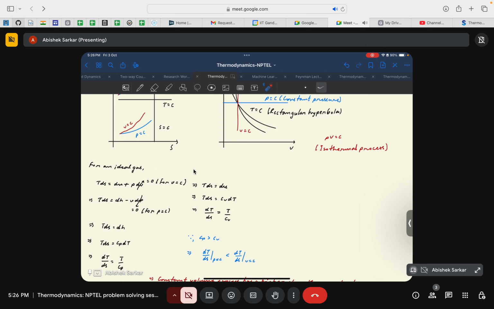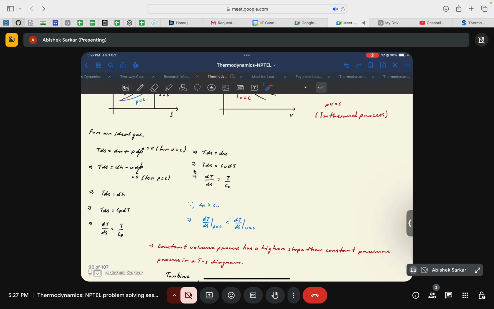So in that case, we can write dT by dS is equal to T by Cv. Okay, so that's one of the conclusions, given that your Cv remains constant. So we consider it as a calorically perfect gas. We'll see why it is necessary in the later derivations.